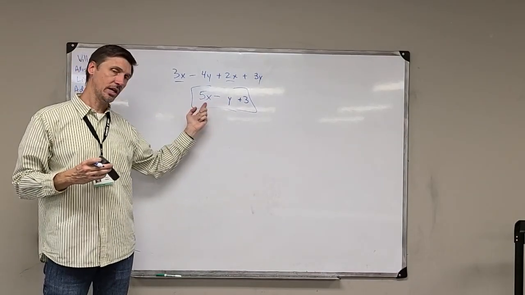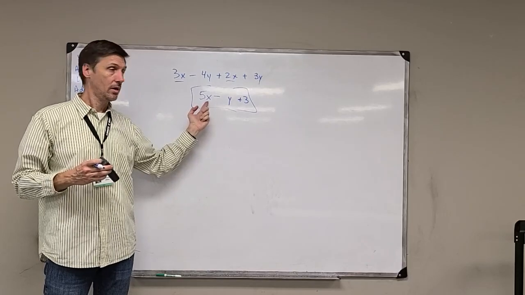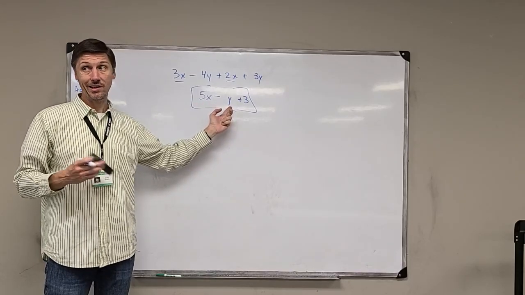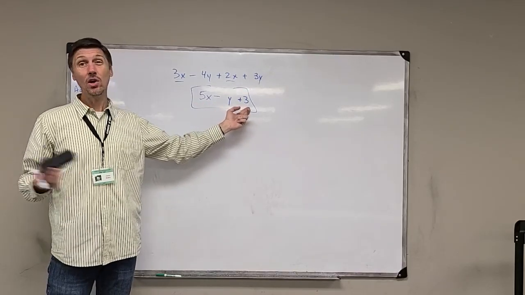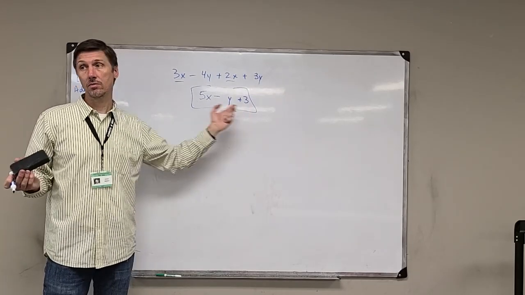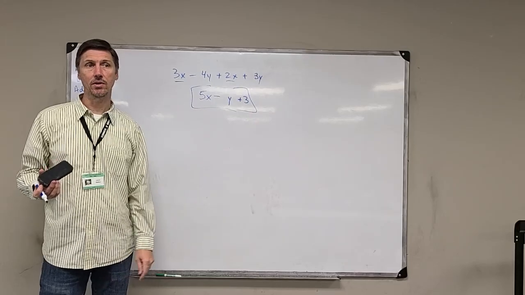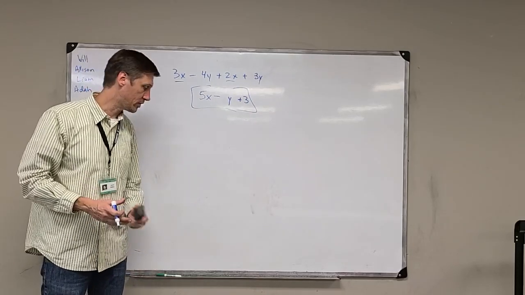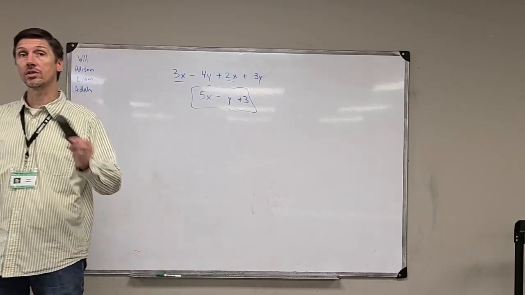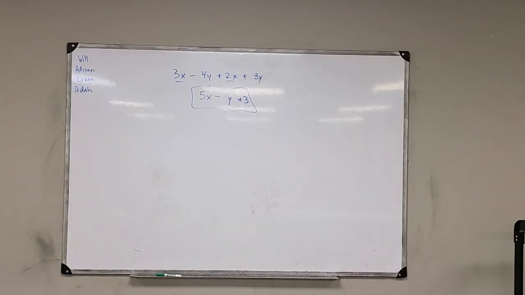Because this term has an x variable in it and nothing else does. This term has a y variable in it and nothing else does. And this term has no variables in it, and there's not another term that has no variables in it, right? So I can't combine anything in this expression. They have to have the same variables or no variables in order for you to combine those terms. Is that clear to everybody?